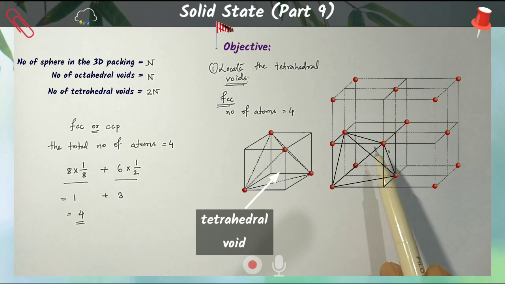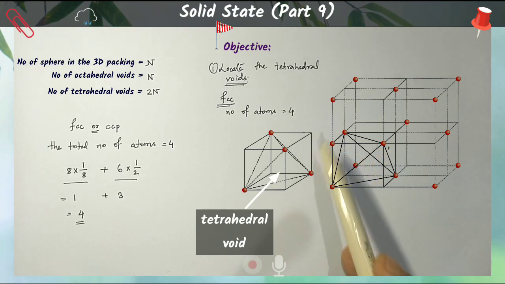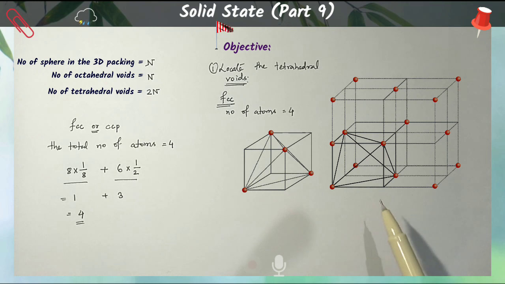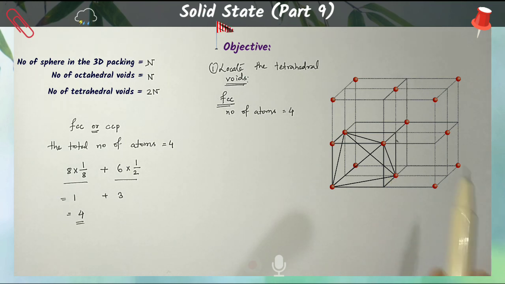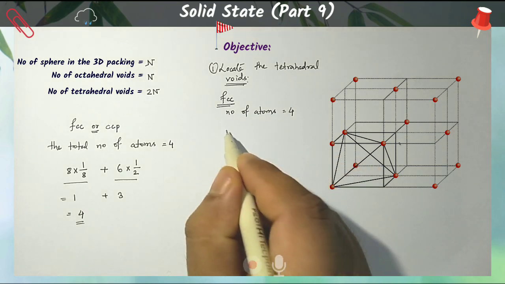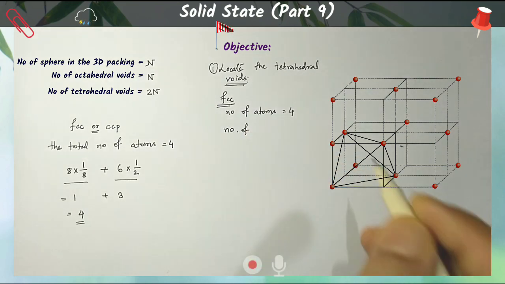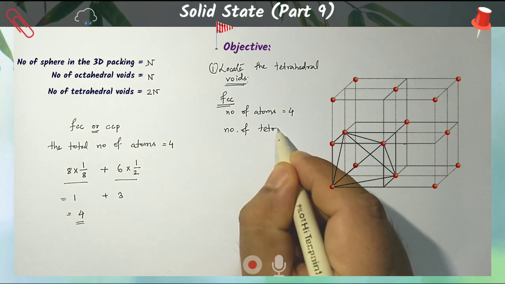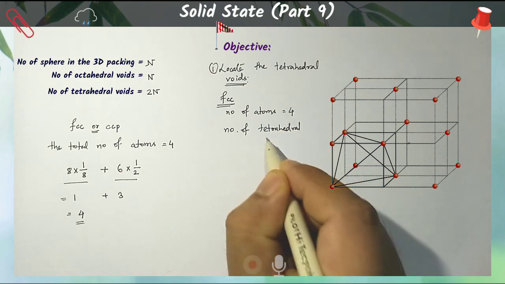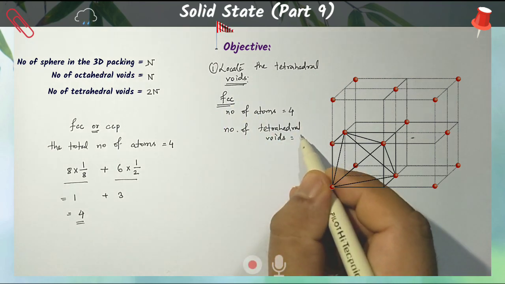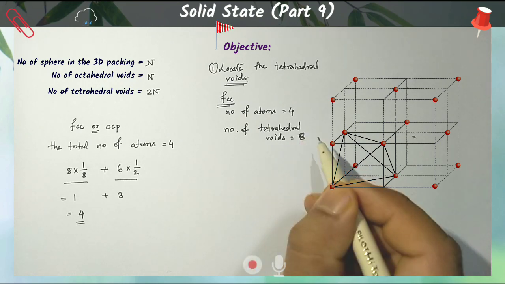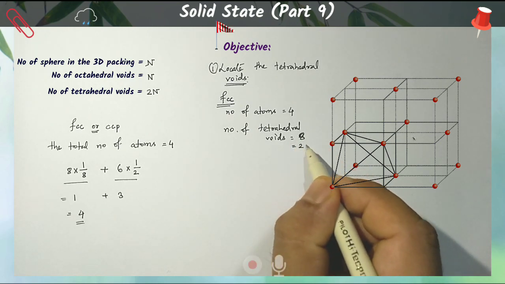Total 8 cubes are present in this FCC unit cell, so a total of 8 tetrahedral voids are present in the FCC unit cell. That means the number of tetrahedral voids present in FCC is equal to 8, which we can write as 2 into 4.